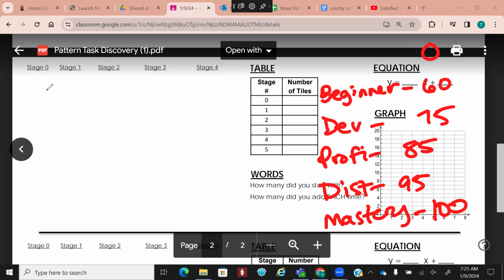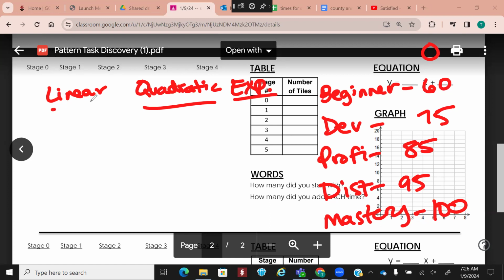So, for instance, we've got linear, quadratic, and exponential that we've been talking about, right? Okay, what does a linear look like? What graph does that look like? A line. So it's going to be a straight line. Now it could be going up or it could be going down, right? What is the domain of a linear function?